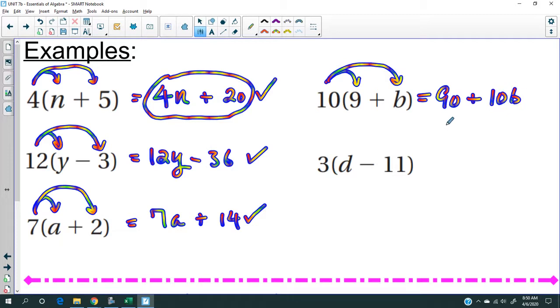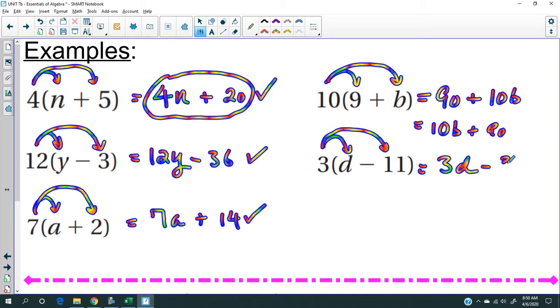Now, if you want to stick with the O Manning method, 10b plus 90, just switch them around. That's a plus sign, by the way. You might think that's a division sign just because of the way the color changes in the marker. Last one: 3 times d is 3d, minus 33. Minus 33.